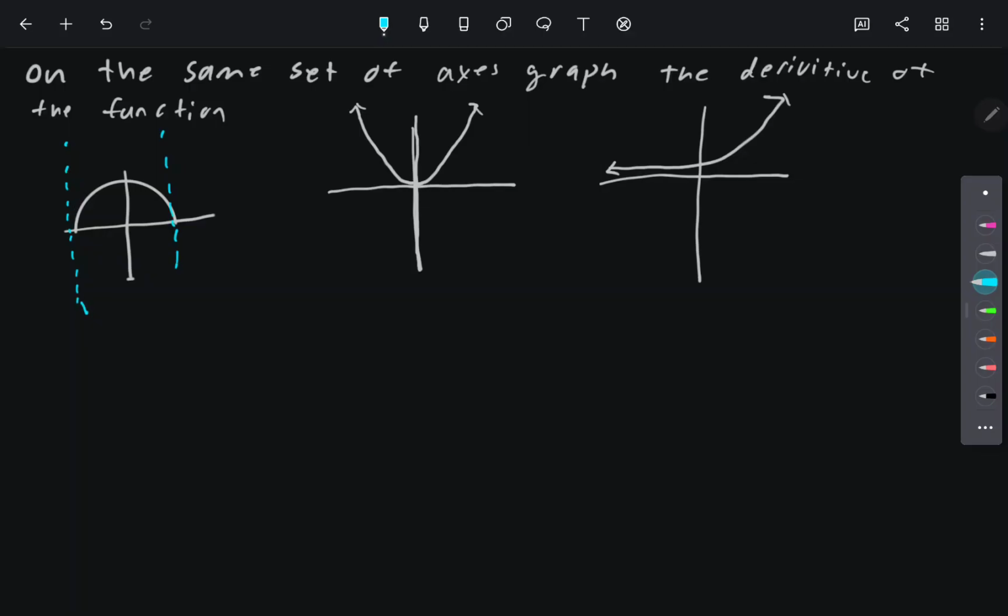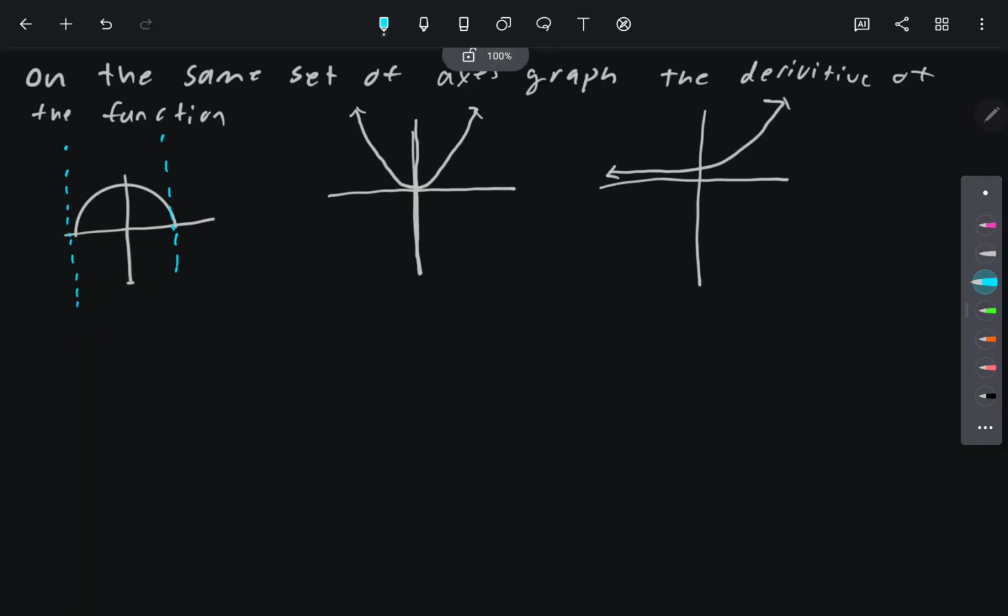Over here, or actually, sorry, I got that backwards. Over here, it's approaching positive infinity, and over here, it's approaching negative infinity. And at some point in the middle, it's 0. So if we're sketching this graph, it's going to look something like this, almost like a tangent line.